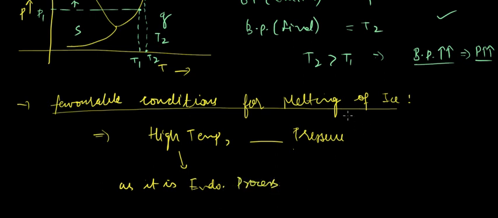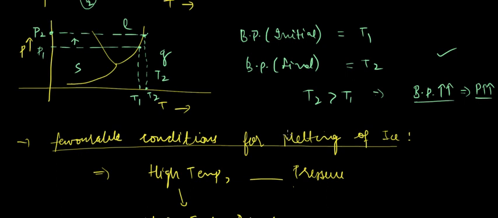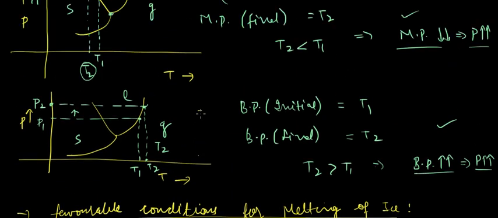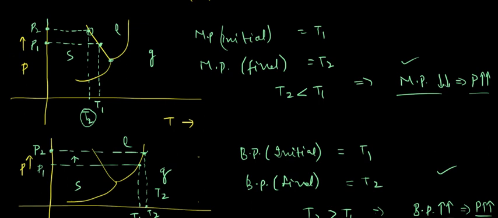Now let's look at this graph. As we have high temperature here, T is the temperature here. We want the melting of ice, which means we are talking about water existing in the liquid phase.